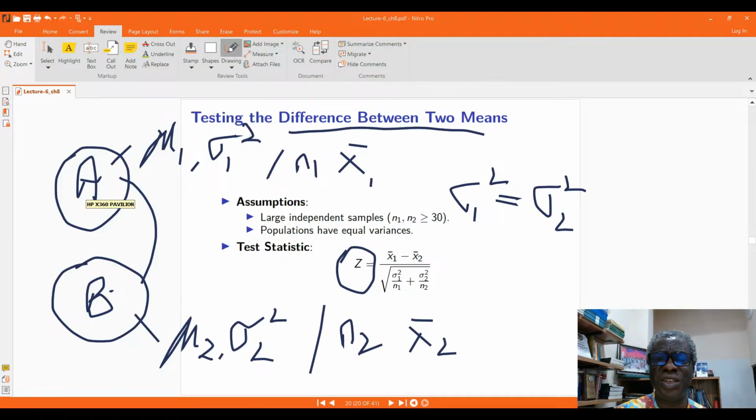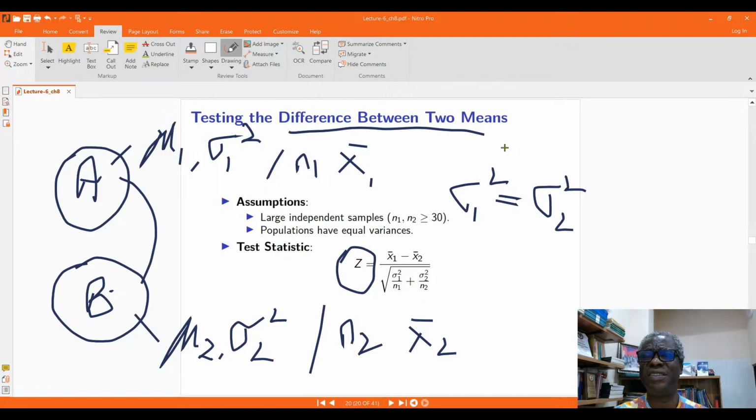So the requirement for using the Z statistic is based on these two assumptions: large independent samples and equal variances.